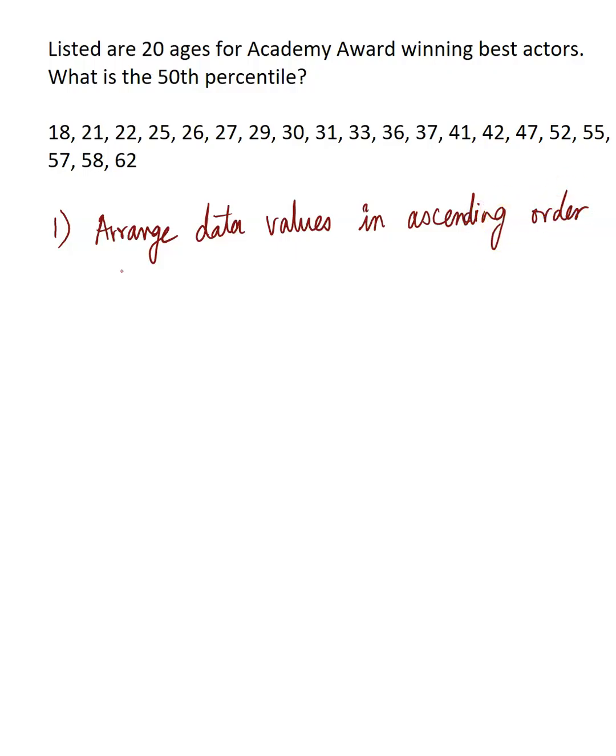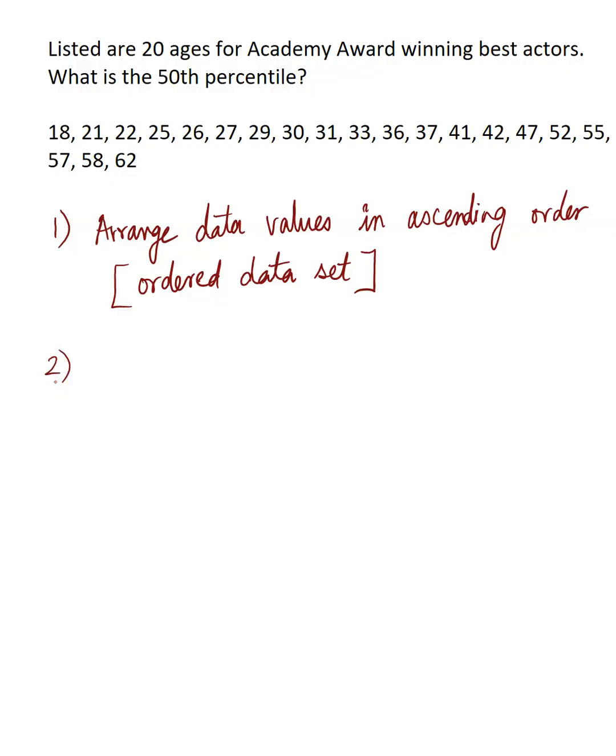This is what we call the ordered data set. Percentile is calculated for an ordered data set because we're talking about the position of a particular data value.